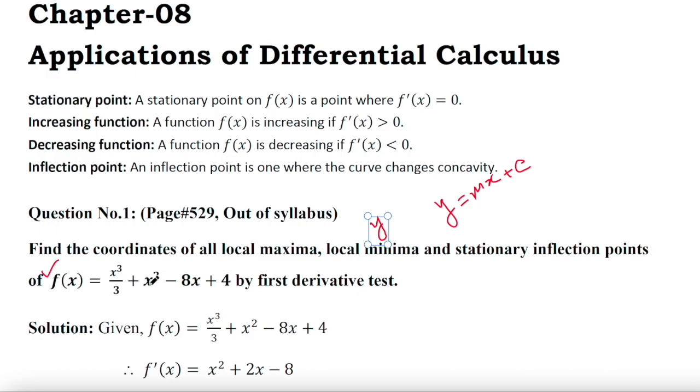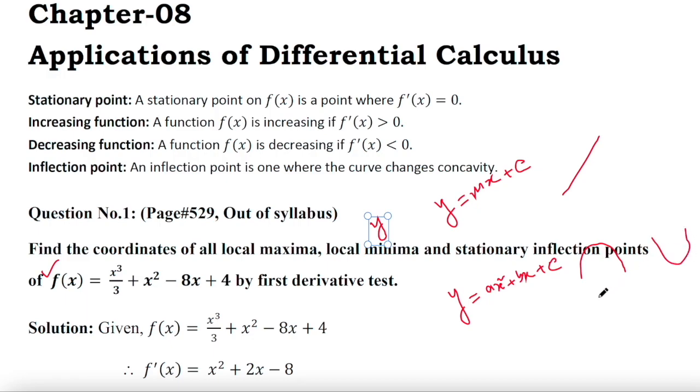The graph of a linear function we know is a straight line. However, the graph of a quadratic function like this, ax square plus bx plus c, will be either concave down or concave up.